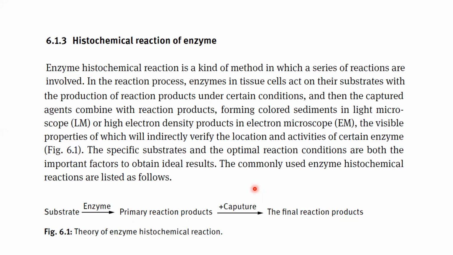Now to this primary reactive product, we will add a capture color. We will add certain colors so that colors will develop and this product will be visualized in the microscope. These capture substances will develop color in this product.